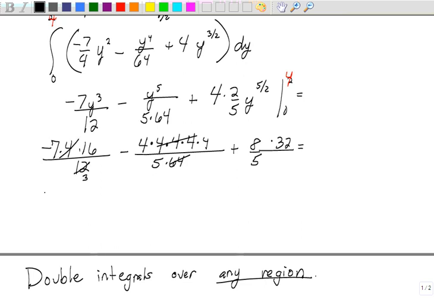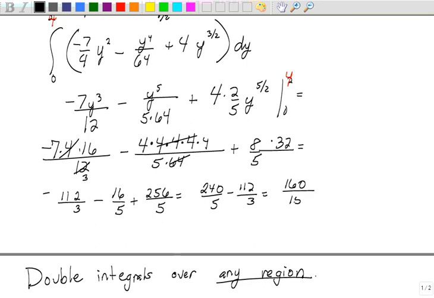We're going to get minus, okay, that's going to be, use a calculator, 160 over 15.